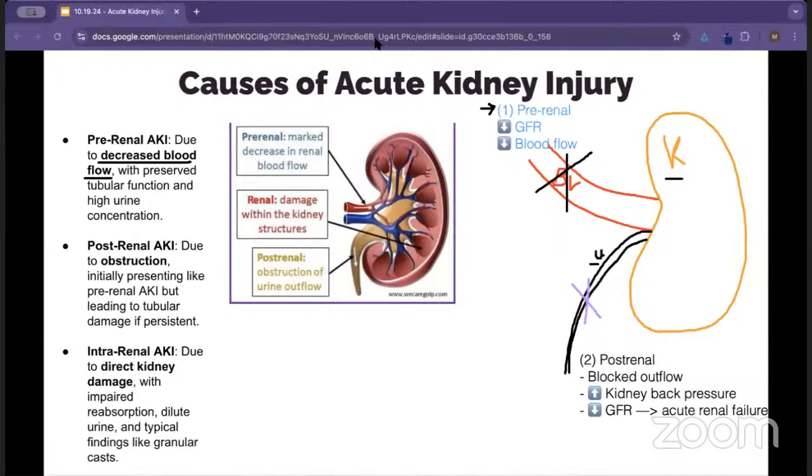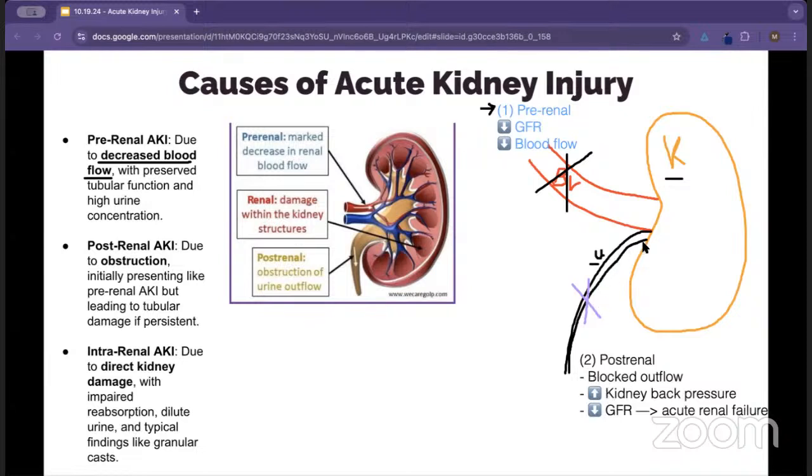Just to explain this a little more beyond the drawing, post-renal azotemia is due to obstruction of urine flow downstream of the kidneys, such as in the ureters, the bladder, or the urethra. A few common causes include benign prostatic hyperplasia (BPH), kidney stones, or tumors. It initially causes increased pressure in the tubules.